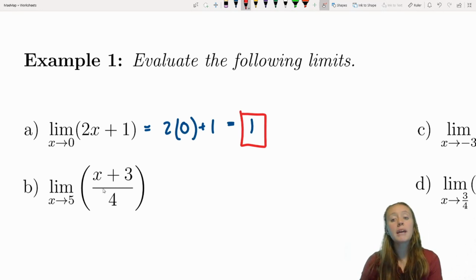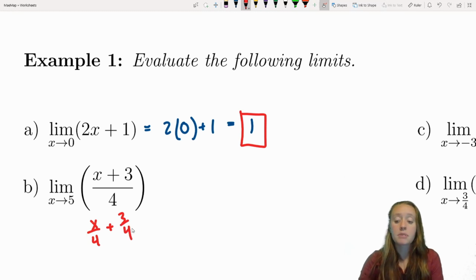If we move on to b, we have the limit of x plus 3 over 4. This is indeed still a linear function because I can split up my fraction into x over 4 plus 3 over 4. So you can see that my slope is 1/4 and I have a y-intercept of 3/4. Since it's linear, what am I going to do?